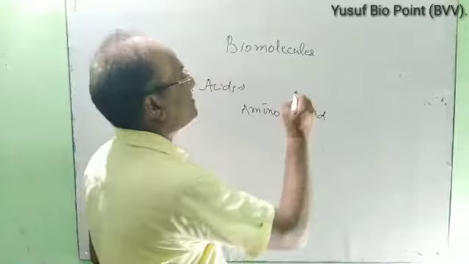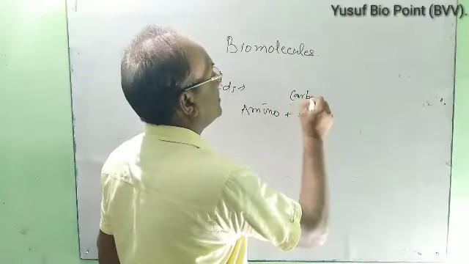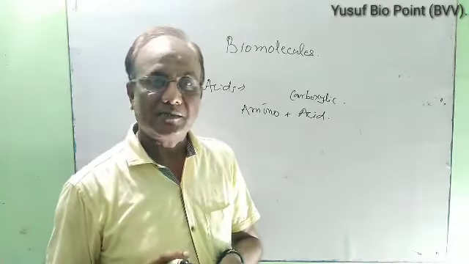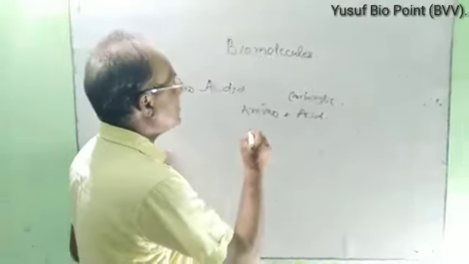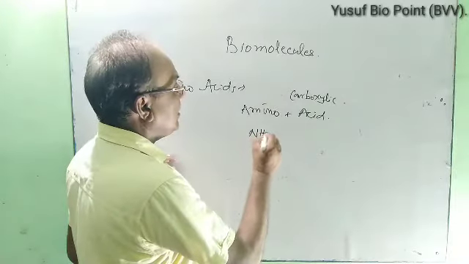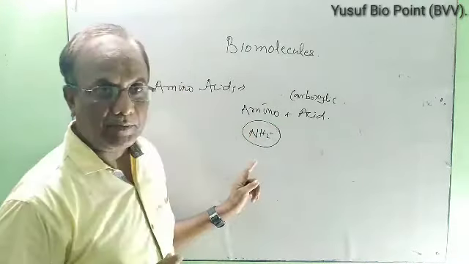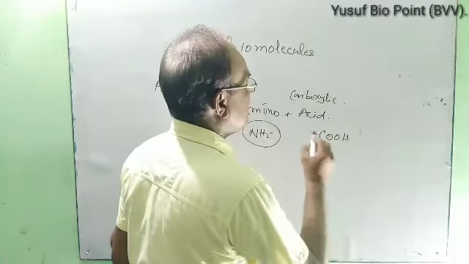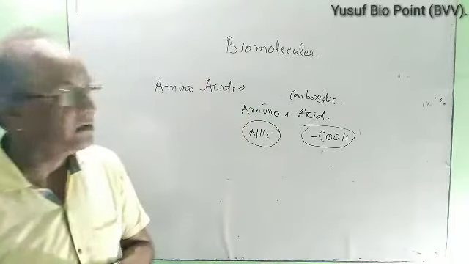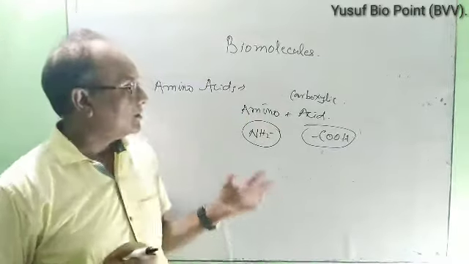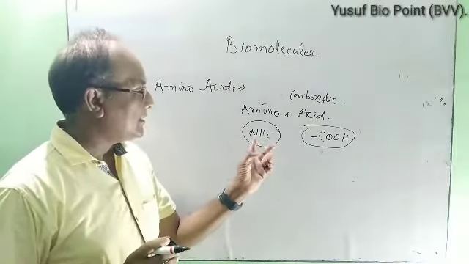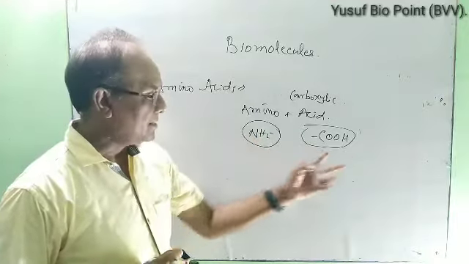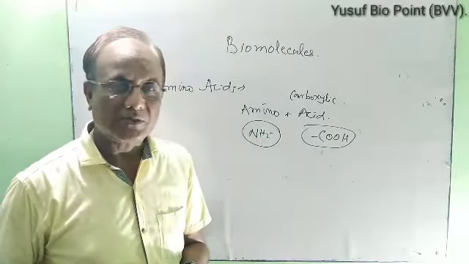Acid means carboxylic acid. Amino is the NH2 group, and acid is the COOH group. So these compounds have two functional groups: one is amino and the next is carboxylic acid, or COOH.